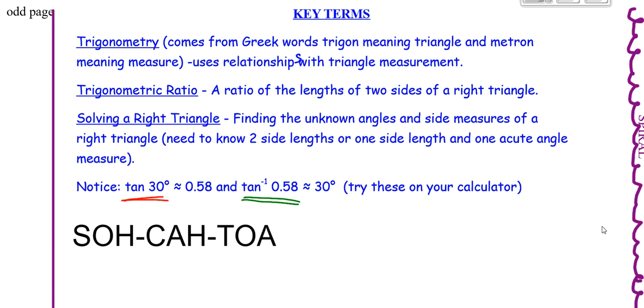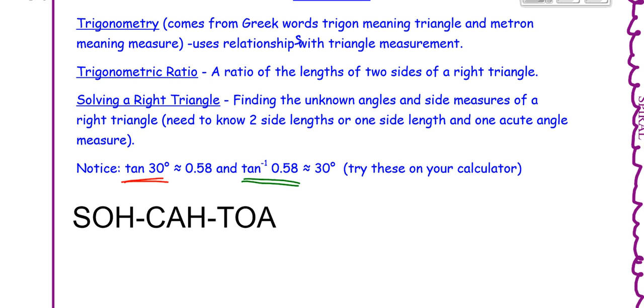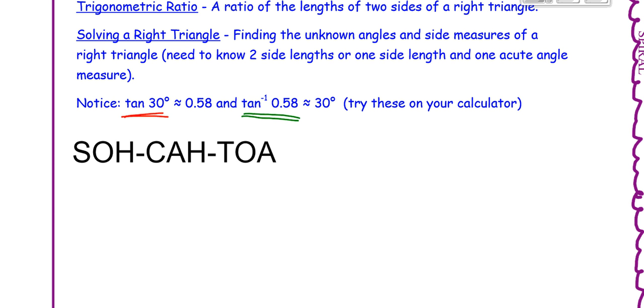So that if you're ever unsure if your calculator is set in the right mode, you could do those problems and write in your notes, it should say what is the correct answer, so you'll know what you should be expecting.